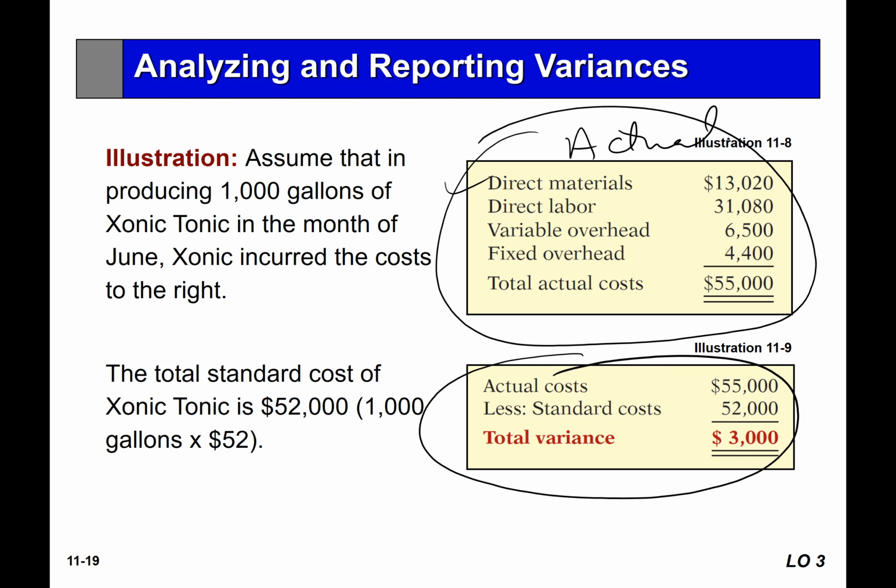So this is the difference. 52 is your standard, your 55 is your actual, which is made up of all those overheads and direct labor and direct material. So we will give you actual direct material, and this is your standard. Please calculate the variances, the difference. So the difference in this case for the total cost is $3,000, because your actual costs are 55,000 and your standard is 52,000.